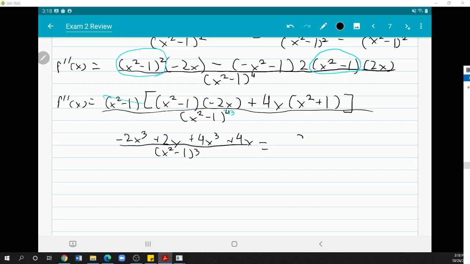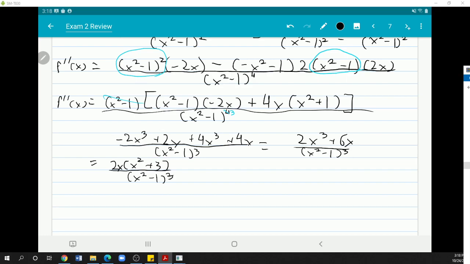If I combine like terms, I get 2x cubed plus 6x over x squared minus 1 cubed. And finally, that's equal to 2x times x squared plus 3 divided by x squared minus 1 cubed.